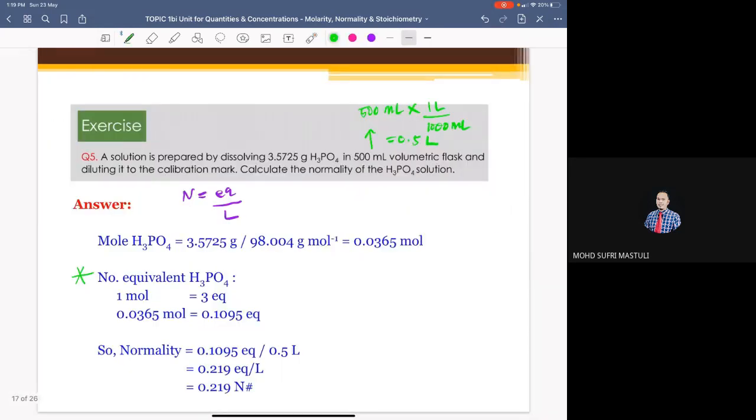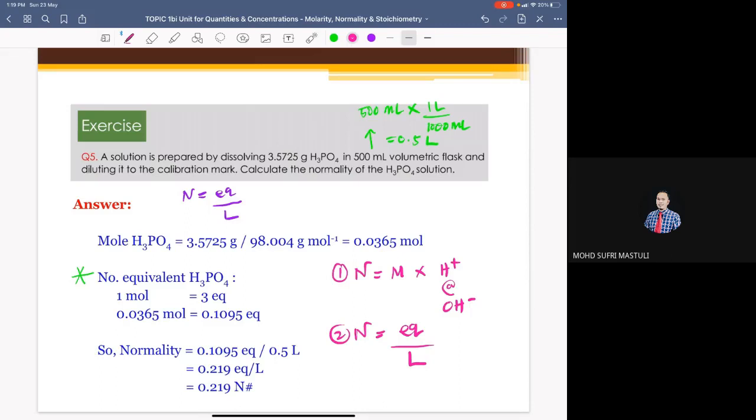As I said just now, you can calculate the normality either using molarity times the number of hydrogen or hydroxide, or you can calculate the normality using the equivalent per liter.